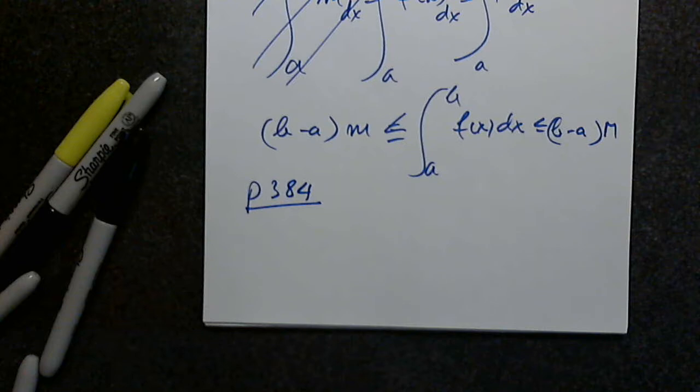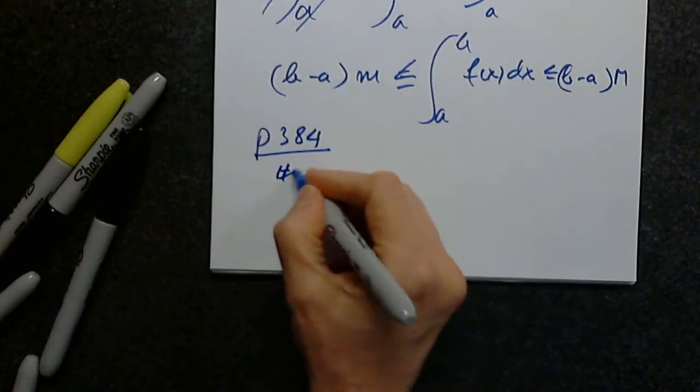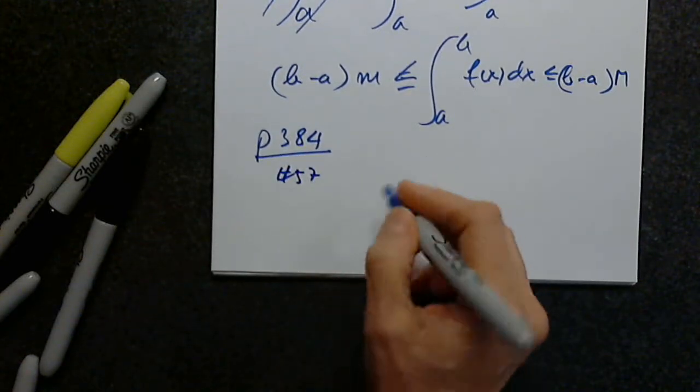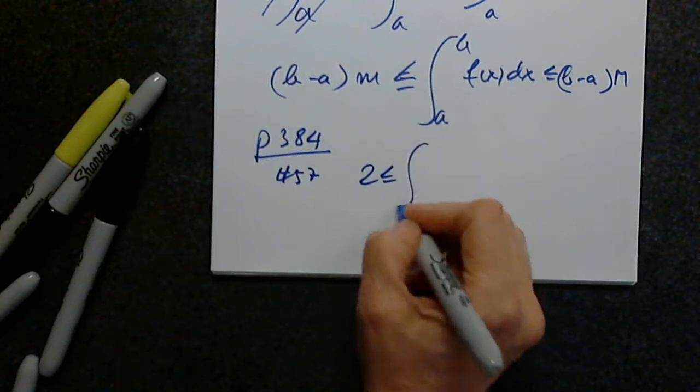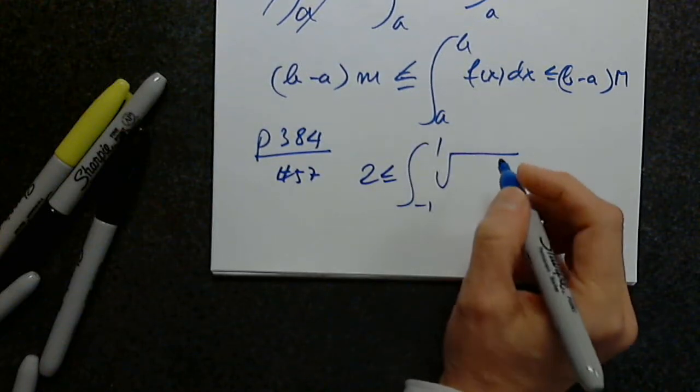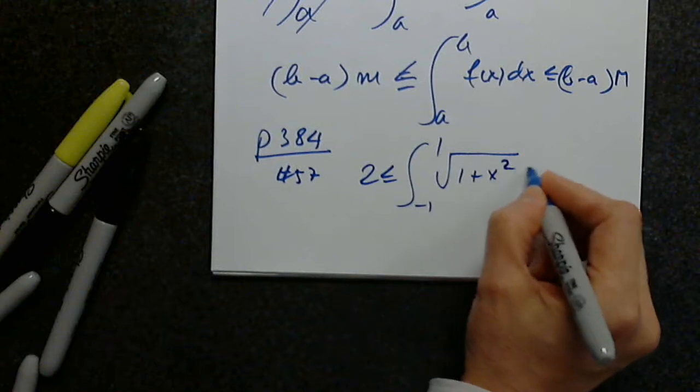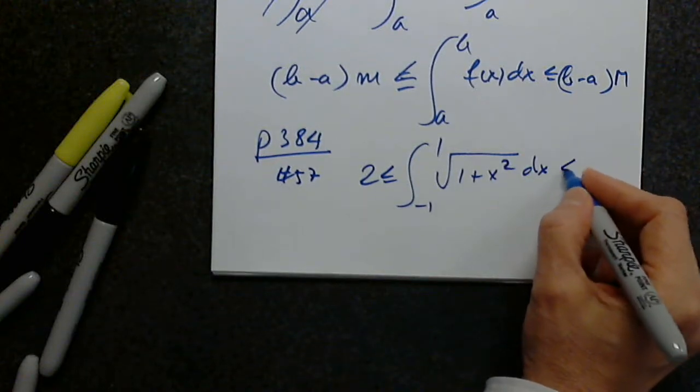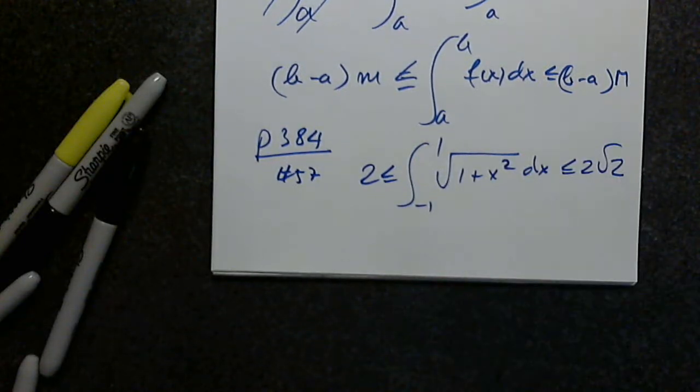Okay, I see 57 in red, so they must choose that for a reason. Use the properties of integrals to verify the inequality without evaluating the integral.